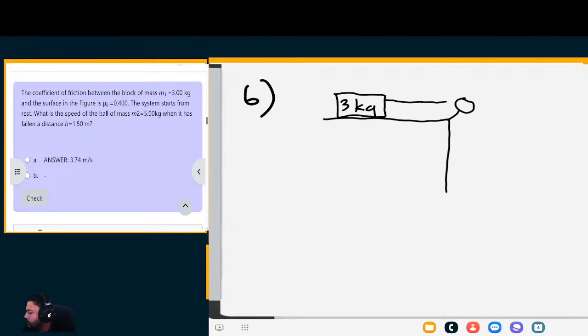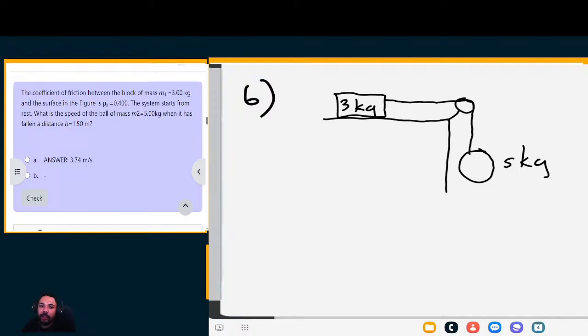This block is connected to a rope, which is connected to a ball which weighs 5 kilograms. Now, you should realize that this ball is going to pull the block towards the right due to its weight.